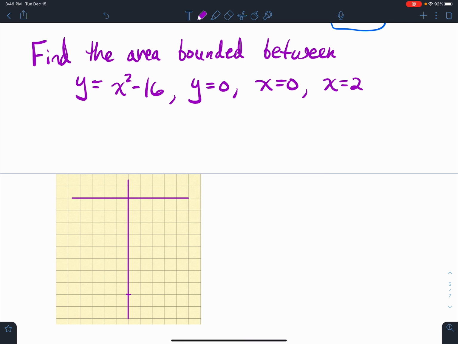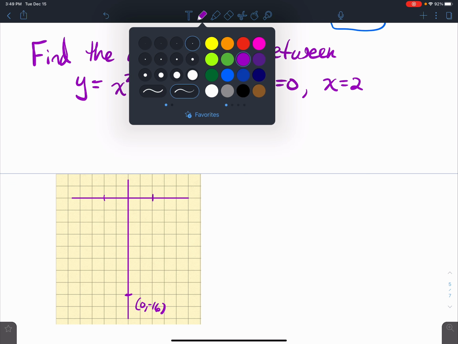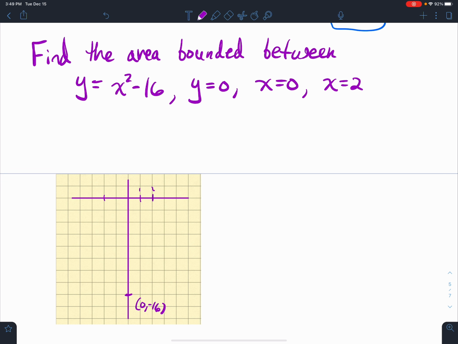So I'm going to count by 2's here. So this is down at 0, negative 16. And then this here will be my parabola. Actually, I'm going to make this scale a little bit bigger. So the scale here, let's just do a regular 1, 2, 3, 4.